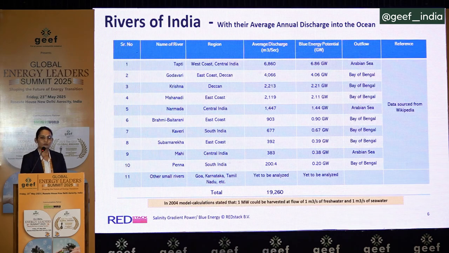In India alone, the potential that we have estimated through sources available on Wikipedia is roughly about 20 gigawatt. And this 20 gigawatt potential is for round-the-clock renewable energy.